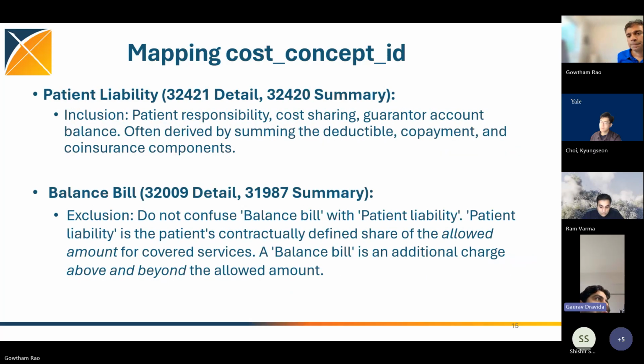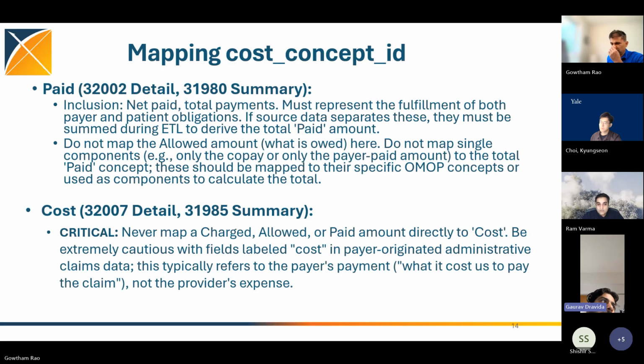And the cost is typically a derived value, calculated by multiplying the charged amount by the cost to charge ratio, in the US at least. But in non-US systems, it's direct measures from integrated cost accounting systems, such as the UK National Cost Collection and German INEK, etc. So basically, cost won't be there in most systems in the US, unfortunately.